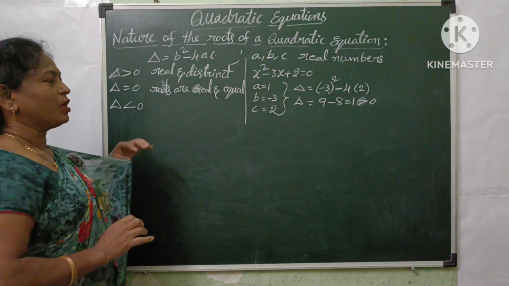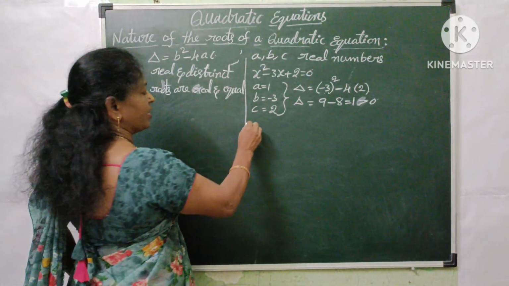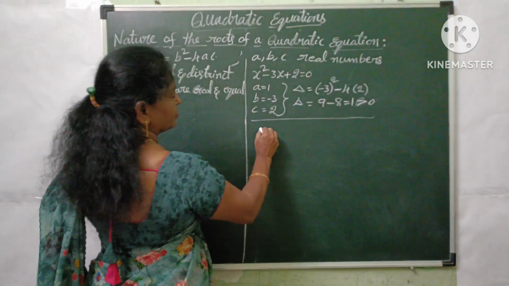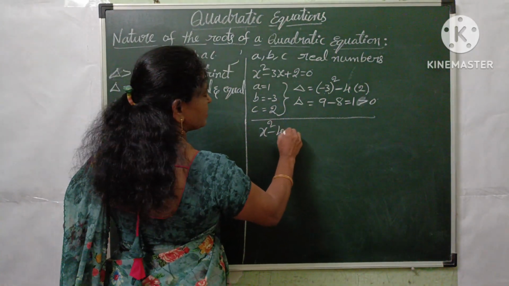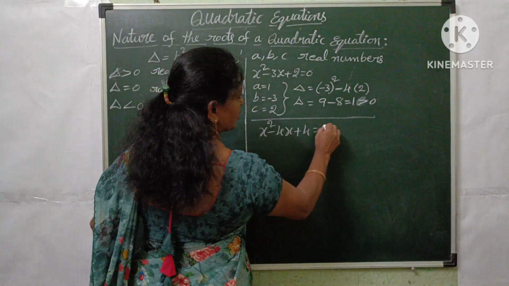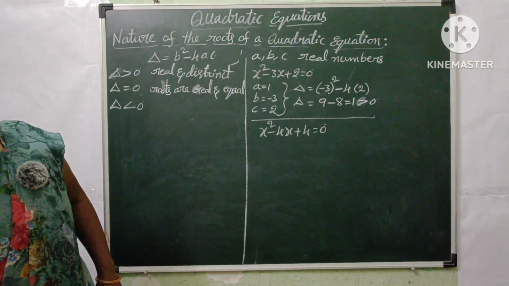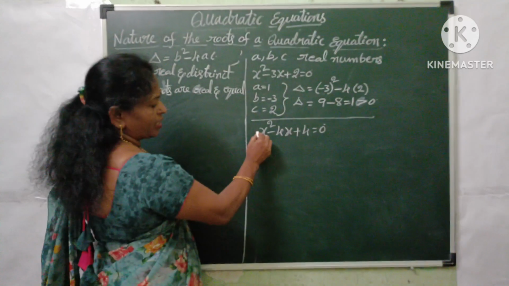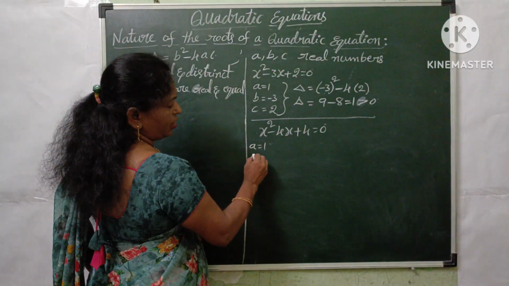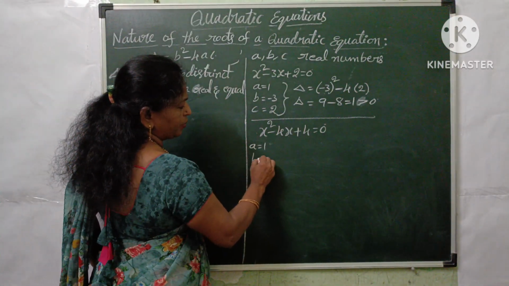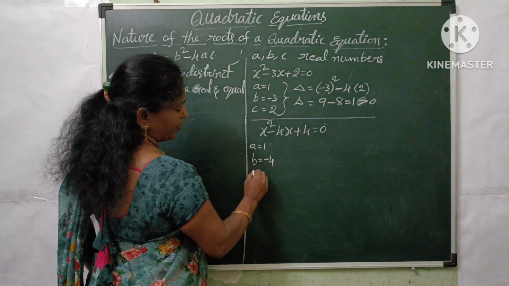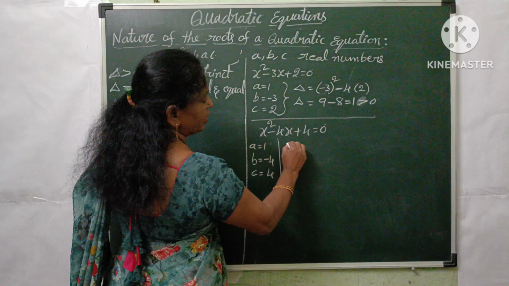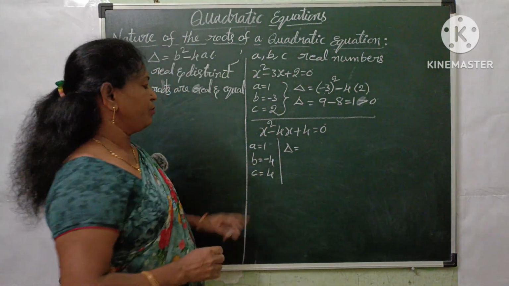Now let us see one more example here. For example, x square minus 4x plus 4 equal to 0. This is the quadratic equation I have taken. Now see here, a is the x square coefficient, b is the x coefficient, here b is minus 4, and the constant term is c. Now discriminant delta equal to b square minus 4ac.